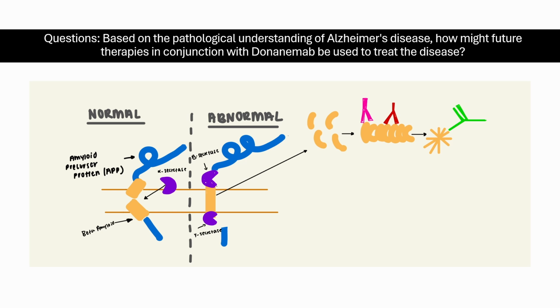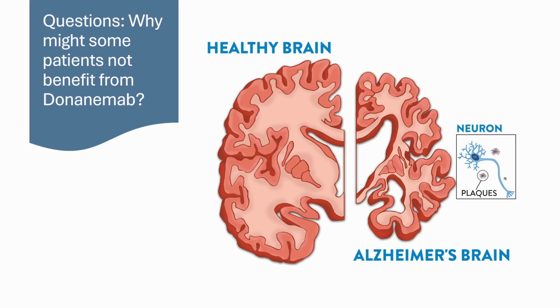Also, lecanemab, which we've already mentioned, selectively binds to soluble beta amyloid protofibrils, also trying to prevent the aggregation of that plaque. So in essence, these three medications are working on the oligomers or the beta amyloid plaque as a direct method of treatment for Alzheimer's disease.